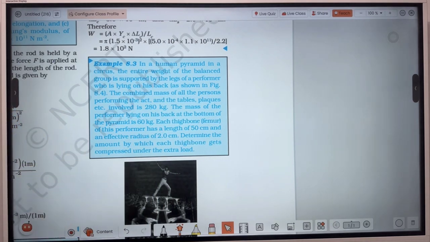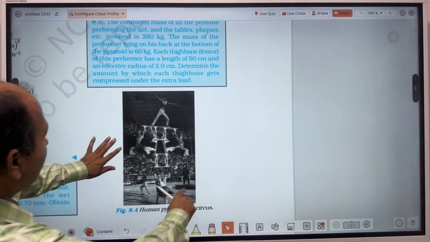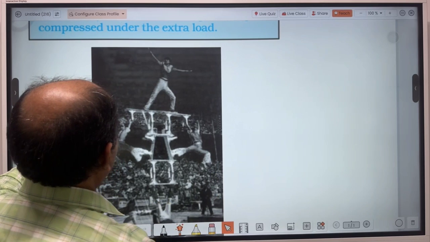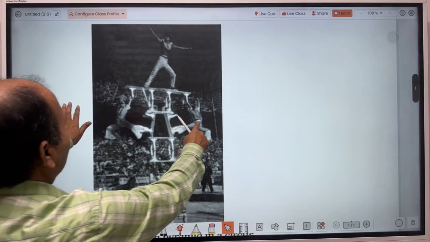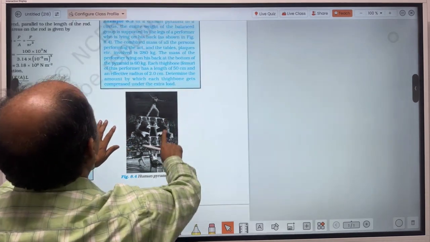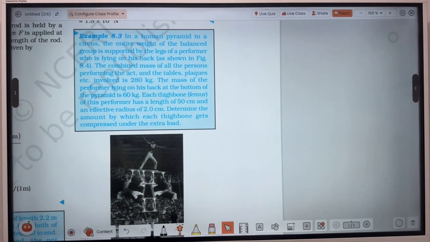Let's consider this question. In a human pyramid in a circus, the situation is shown here. This is the human pyramid. So the question is, in a human pyramid in a circus, the entire weight of the balanced group is supported by the legs of a performer who is lying on his back.